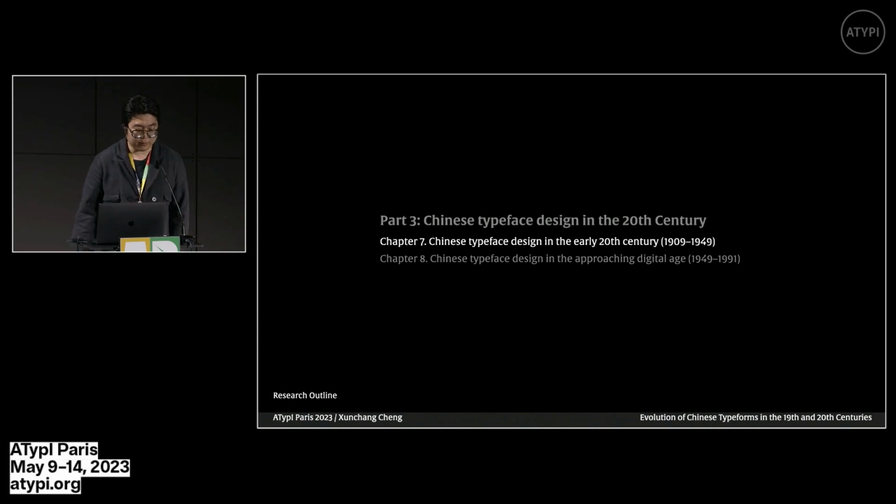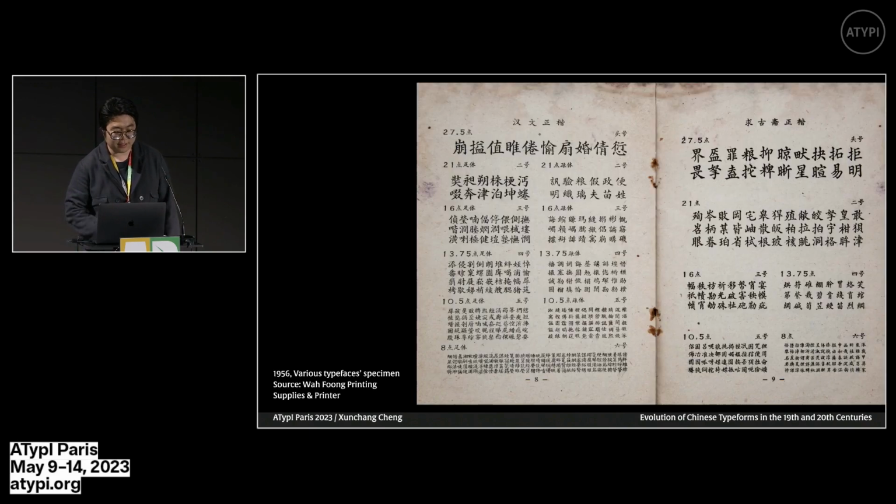And we have almost finished chapter 7, Chinese type design in the early 20th century. In the 20th century, in the period of the Republic of China, newspapers and lots of book publishers used many fonts imported from Japan.